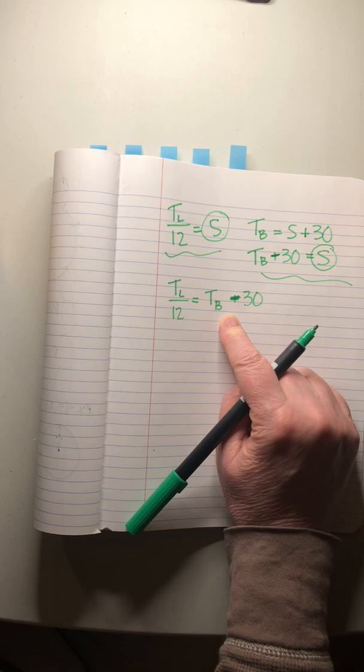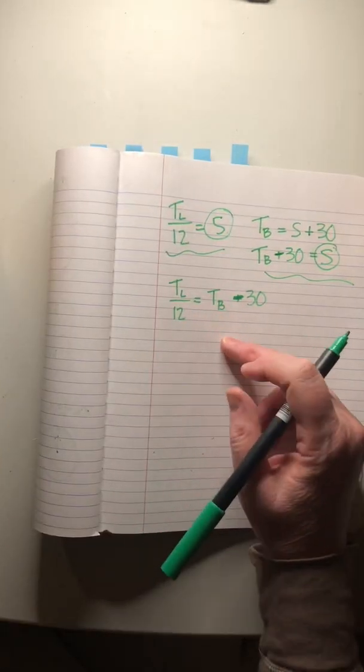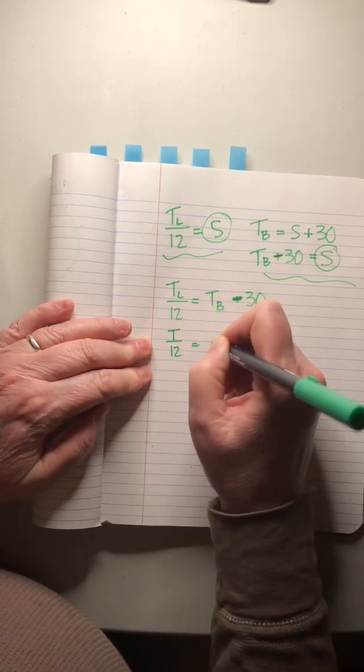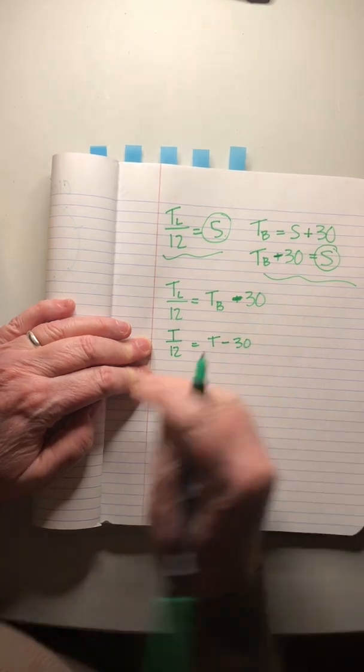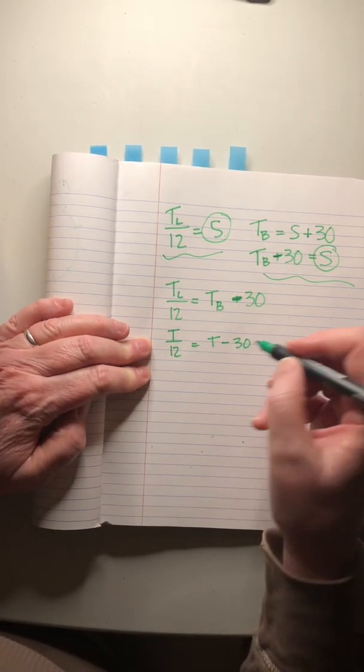Now, here's good news. We also said that the two times are equal to each other, right? The time of the little equals the time of the big. So we can just take the subscripts off and rewrite this as T over 12 equals T minus 30. And now all we have to do is cross multiply and solve.